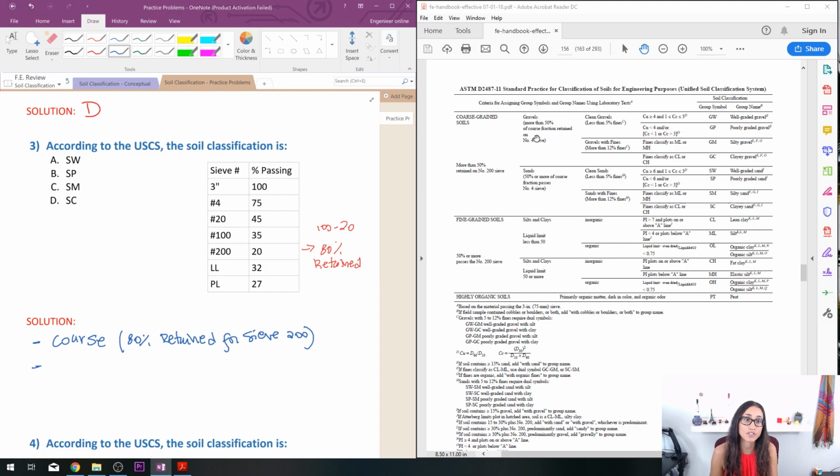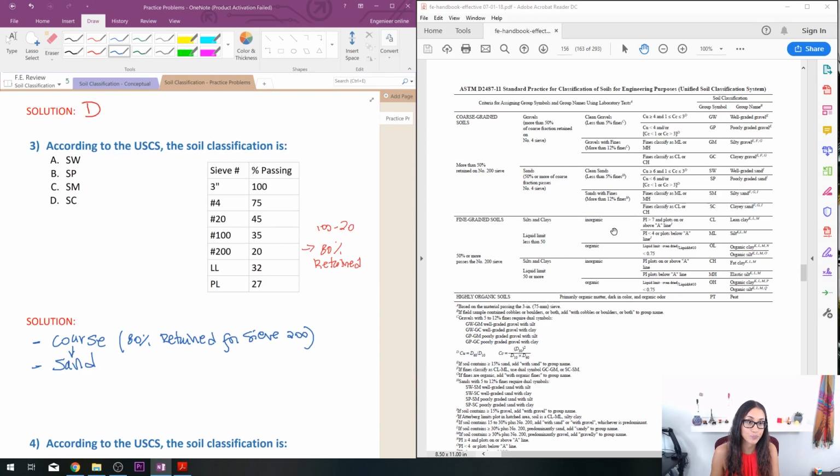Here, more than 50% is retained, and here 50% or more passes sieve number 4. So 75% passes, which means I have sand, because more than 50% is passing sieve number 4. Okay, so we're going to write here sand.